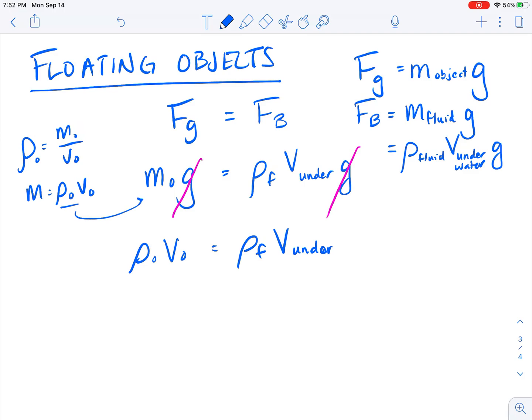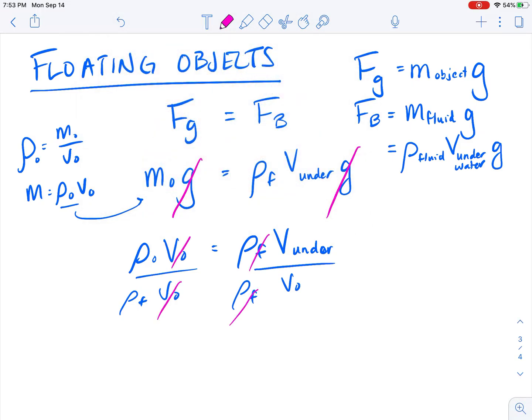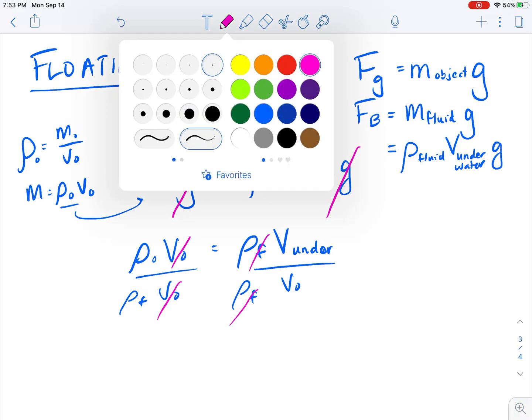And this allows me to turn this into a ratio. I'm going to divide both sides by the volume of the object, and I'm also going to divide both sides by the density of the fluid. And I'm going to get a really handy formula.